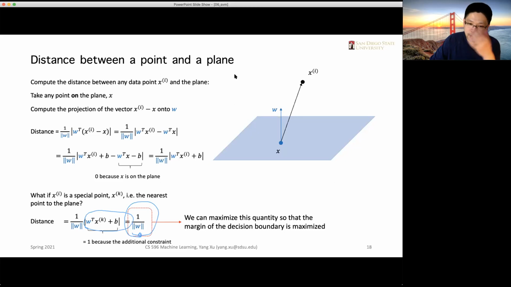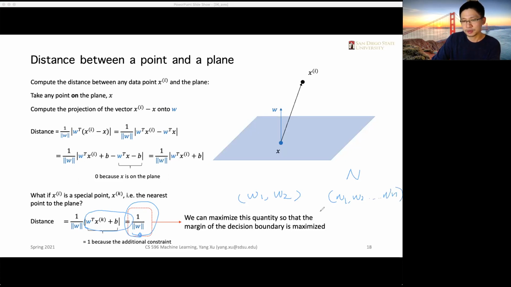This is the margin of the decision boundary, and we want to maximize it. So we're tuning the values of W. W is a vector. In 2D space, W is W1 and W2. If it's n-dimensional, then it's W1, W2, up to Wn.